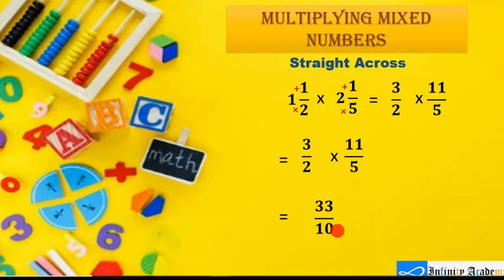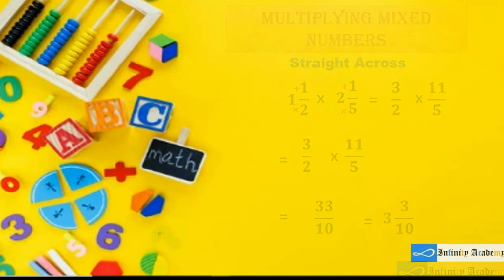But as you can see, 33 by 10 is an improper fraction, so we have to convert the improper fraction into a mixed number. Converting 33 by 10 into a mixed number, we have 3 whole 3 by 10. Now, we can't solve it further, so this is the answer for multiplying mixed numbers.